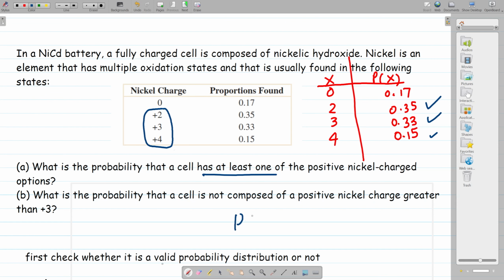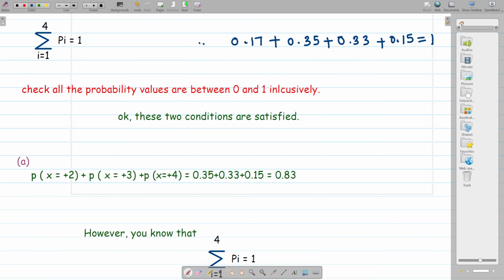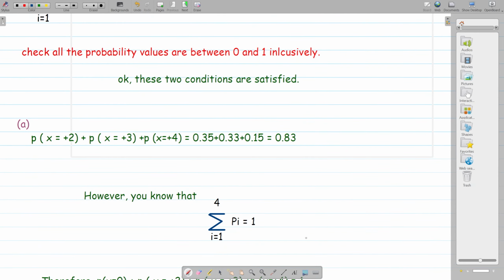So P(x=2) plus P(x=3) plus P(x=4) is the answer for part A. Let's look at that one. These are the probability values for each x value. If you add those together, the answer for the given question is 0.83.